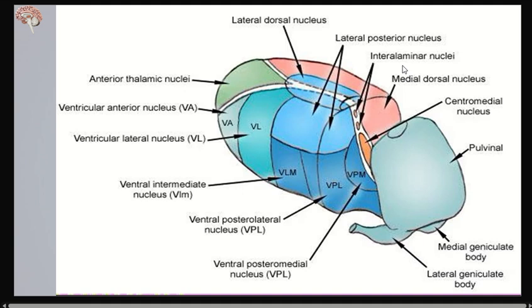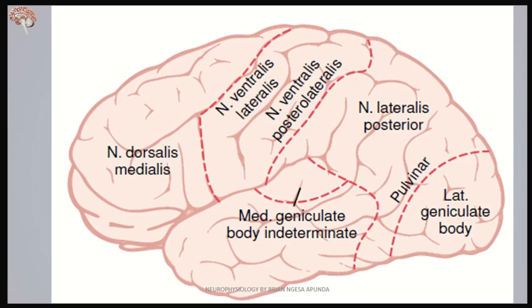You'll be able to see there's a nucleus that allows visual information and tactile information to pass through. So if you focus on the various parts of the thalamus, the various parts of the thalamus have a direct translation to specific parts of the cerebral cortex.